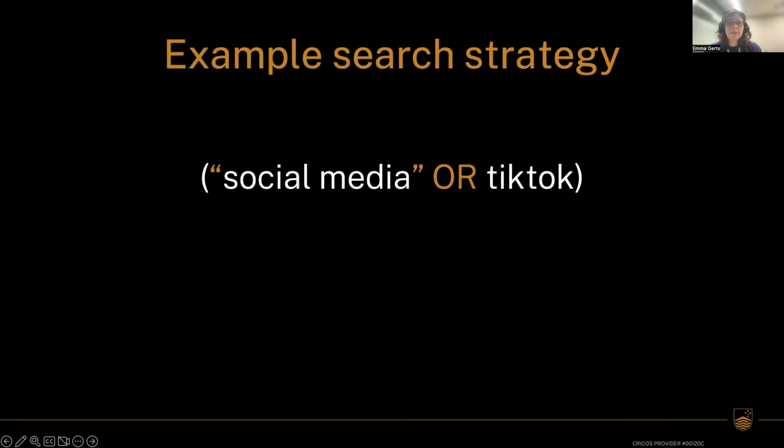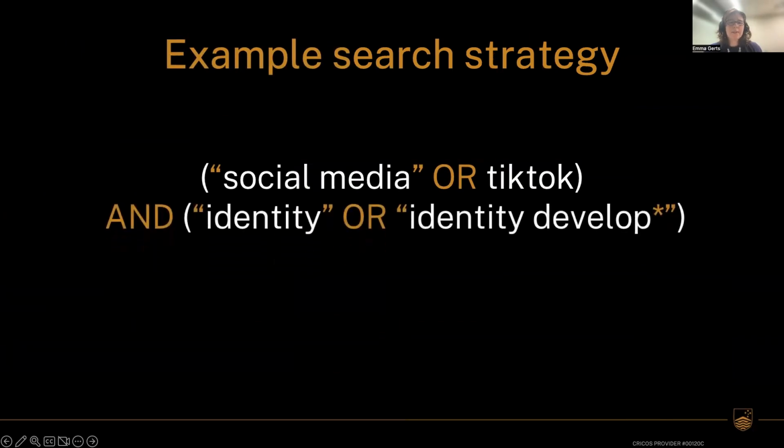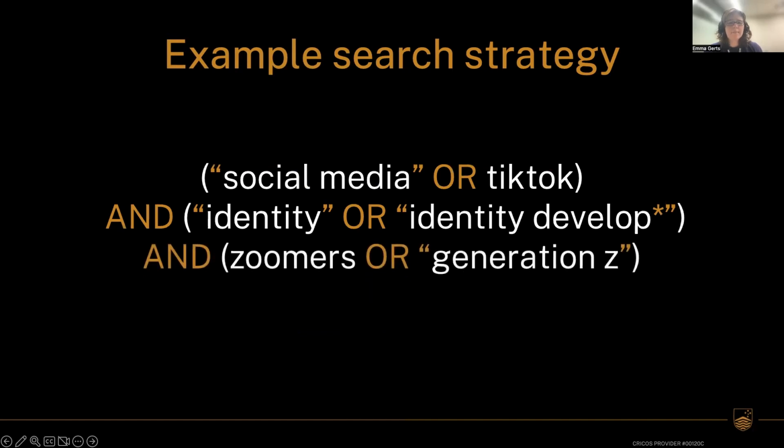So we've got our social media concept. We link it to our identity concept using the AND operator, and we link it to our generational concept using AND again. And so this is actually what you would type into your search bar in a database. It doesn't look like much to us, or it looks very confusing and complicated.